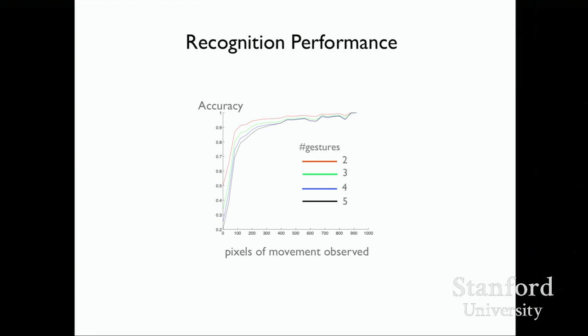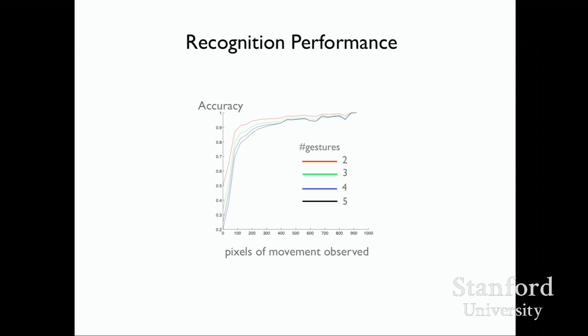So here, this plot shows how well the system can recognize a set of multi-touch gestures. As we can see here, the more touch movements the system sees, the better it can recognize these gestures. But with multi-touch interaction, we often want to make decisions as early as possible.